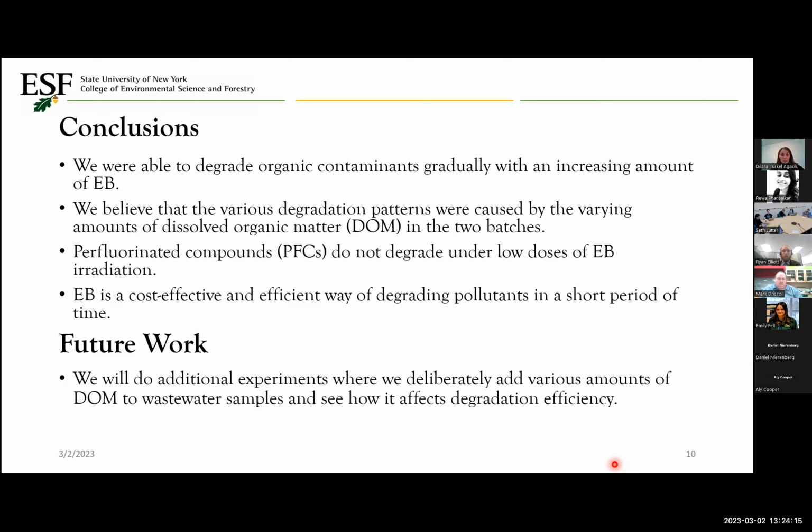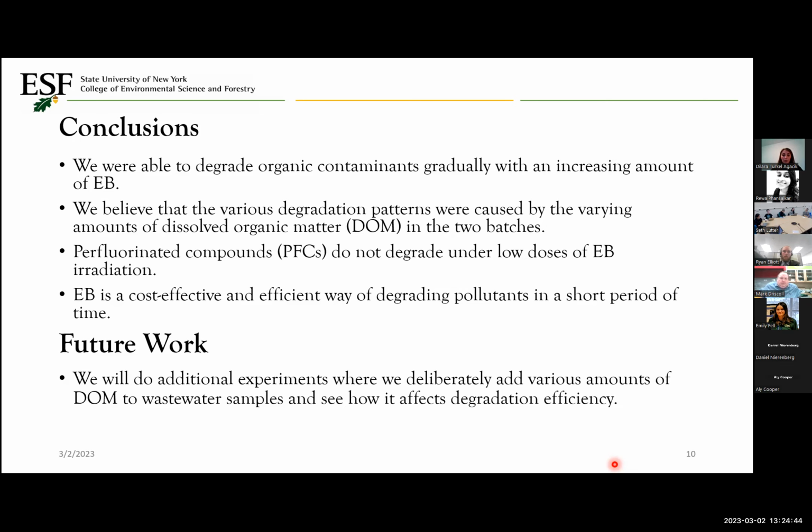Another conclusion is, as I showed in the previous slides, we were not able to degrade perfluorinated compounds under low doses of electron beam irradiation. And another thing is we know that electron beam is cost effective and it's a very efficient way to degrade pollutants in a very short period of time, because it takes almost a second.